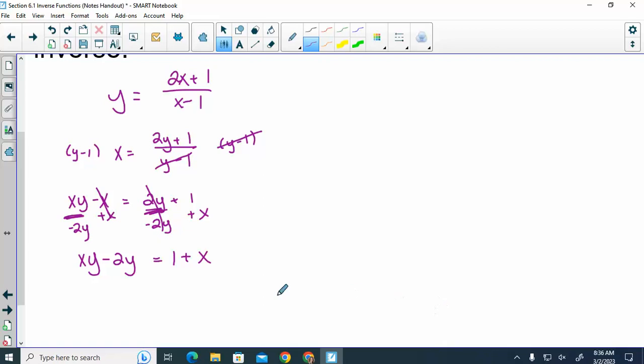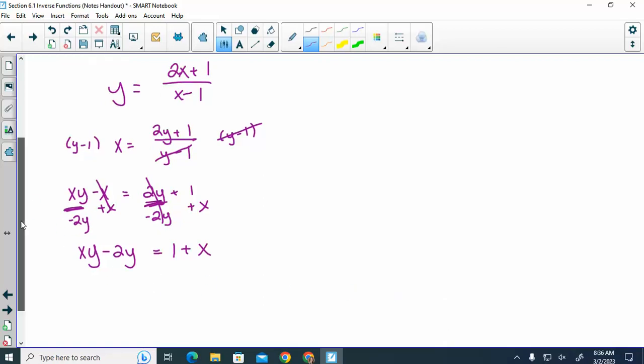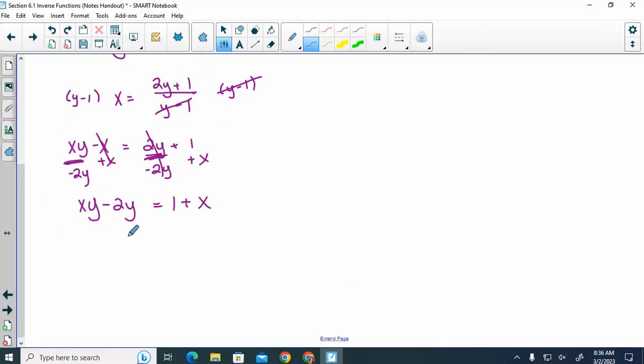This is two terms. But what do they both have? Take out a greatest common factor. Let's pull out that y. So then to get y by itself, we would divide by the x minus 2.